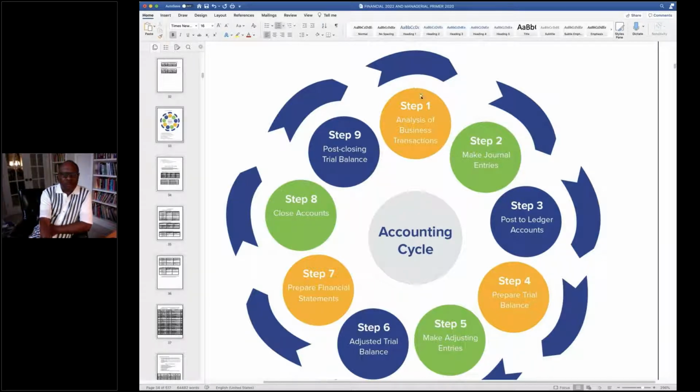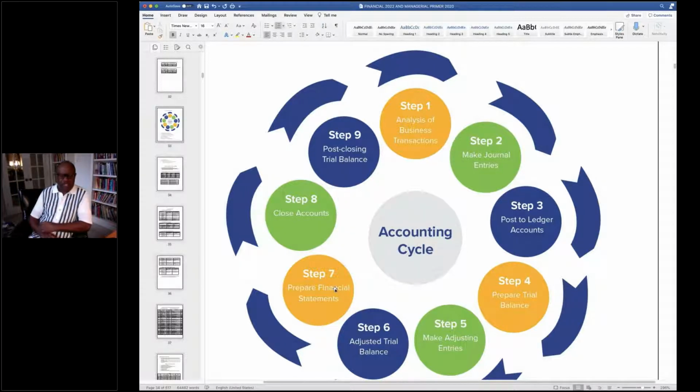Okay, steps 1 and 2, we analyze transactions and make journal entries. Then in steps 3 and 4, we post to the ledger and prepare the trial balance. We're skipping steps 5 and 6 because sometimes they cause problems as opposed to 7 and 8, so we'll come back to 5 and 6 in due course.